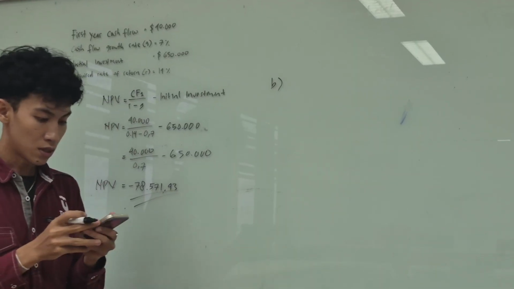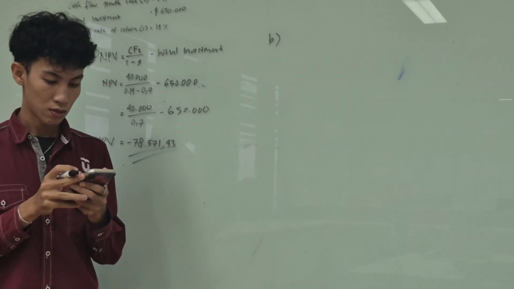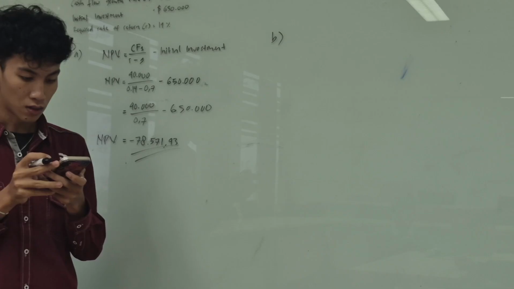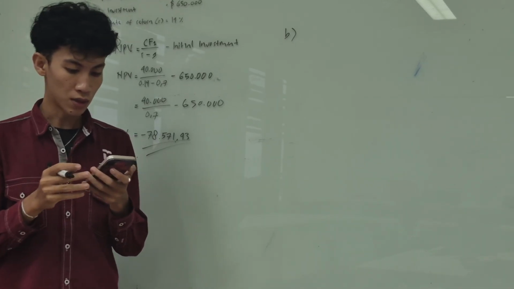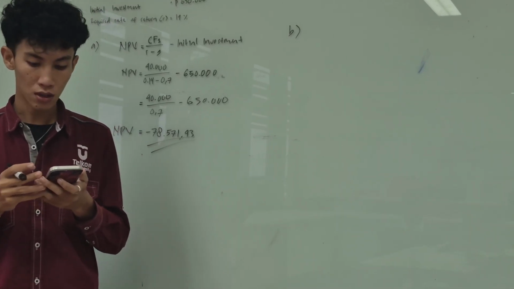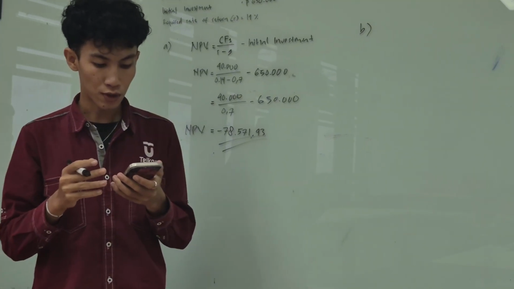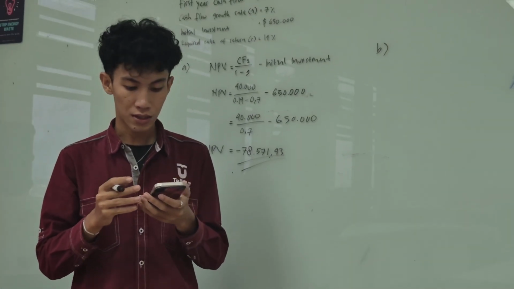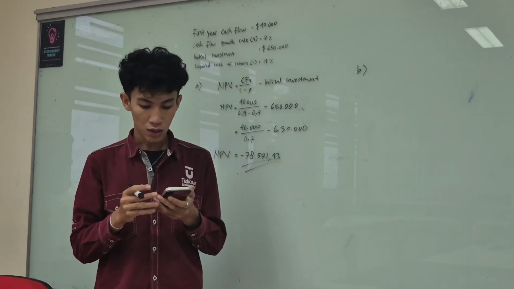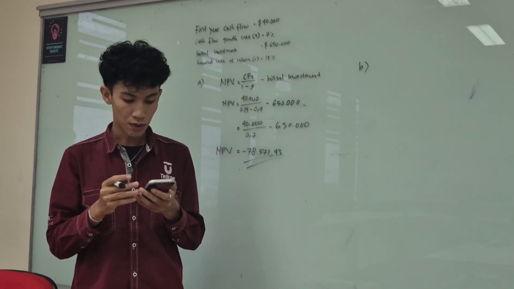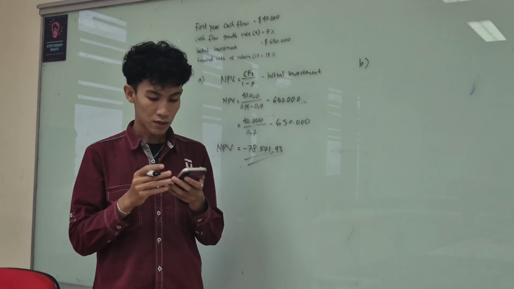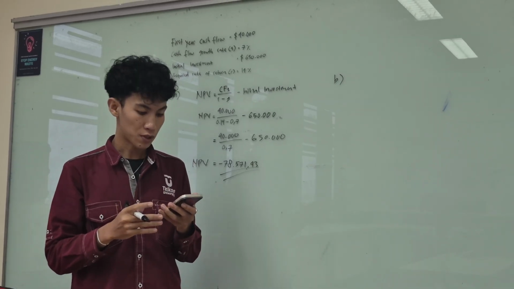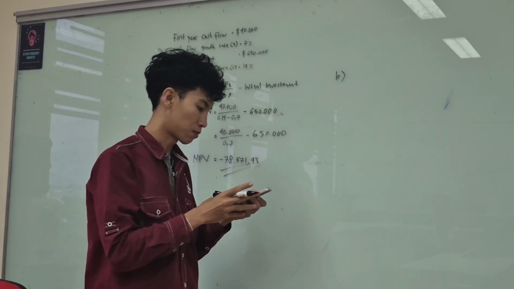So the next is the second question. The company is somewhat unsure about the assumption of a 7% growth rate in its cash flow. At what constant growth rate would the company just break even if it still required a 14% return on investment?